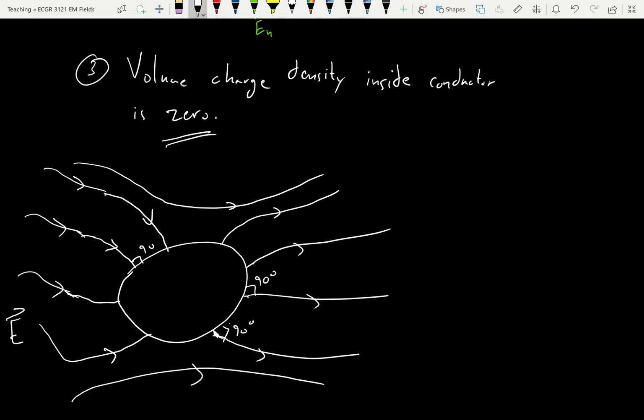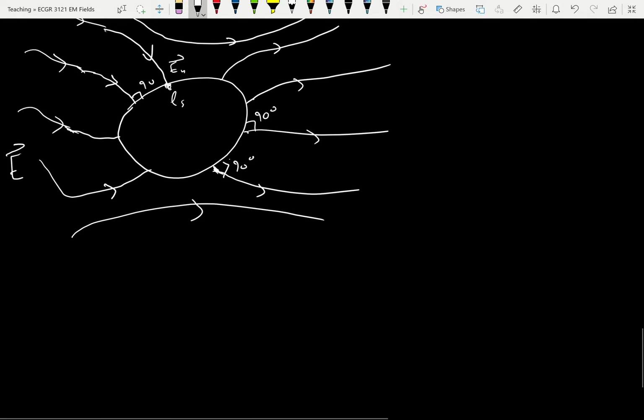Okay, how do we relate the normal field with the charge distribution at the surface? Well, we use Gauss's law. So let's zoom in. We have this conductor. Let's zoom in to a small area on the surface. So it looks like this.